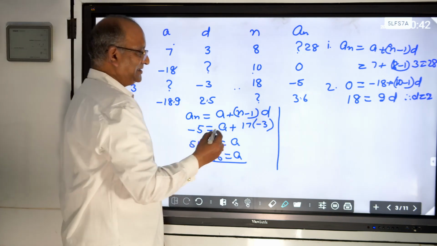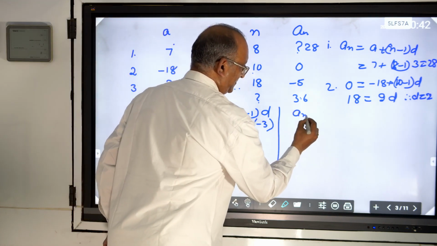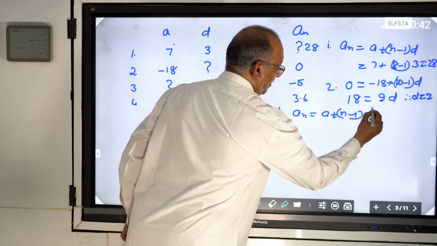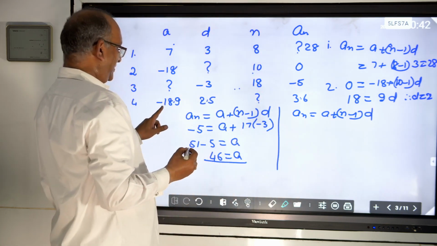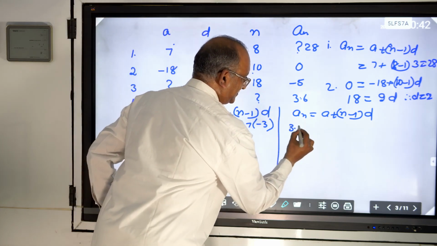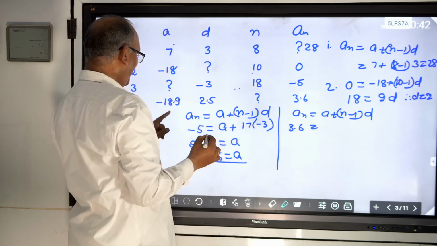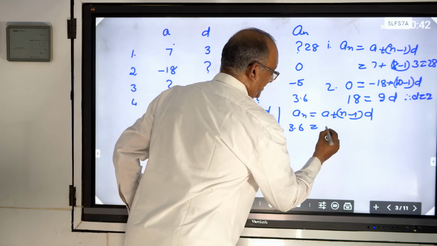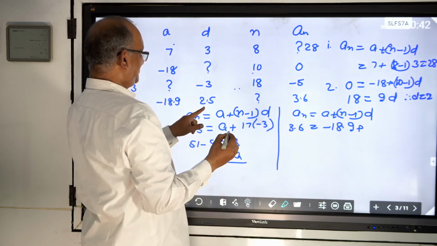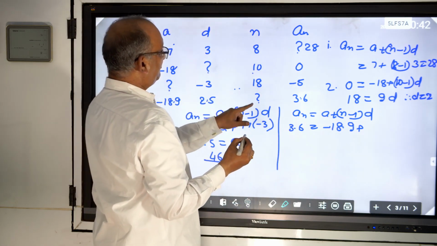Once again, the formula is the same. So first write the formula. an according to him is 3.6 equal to a, minus 18.9 plus number of terms we want to find out.